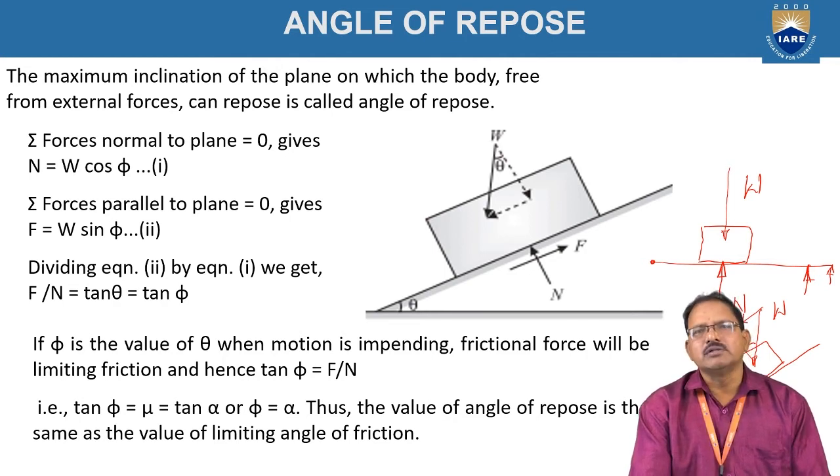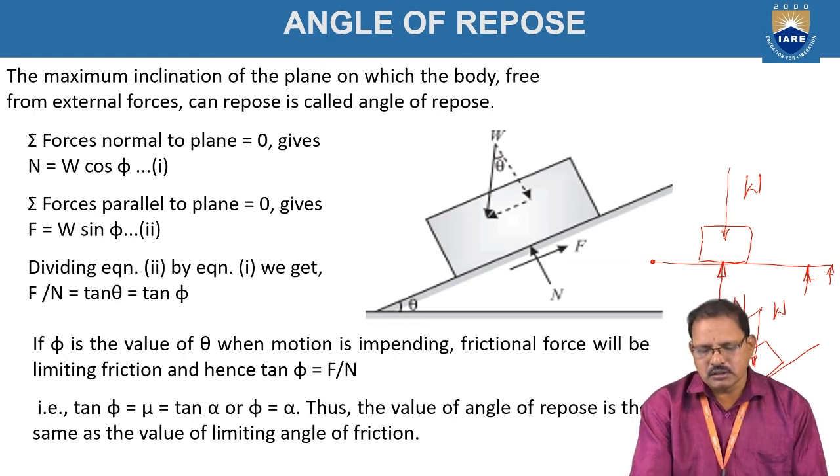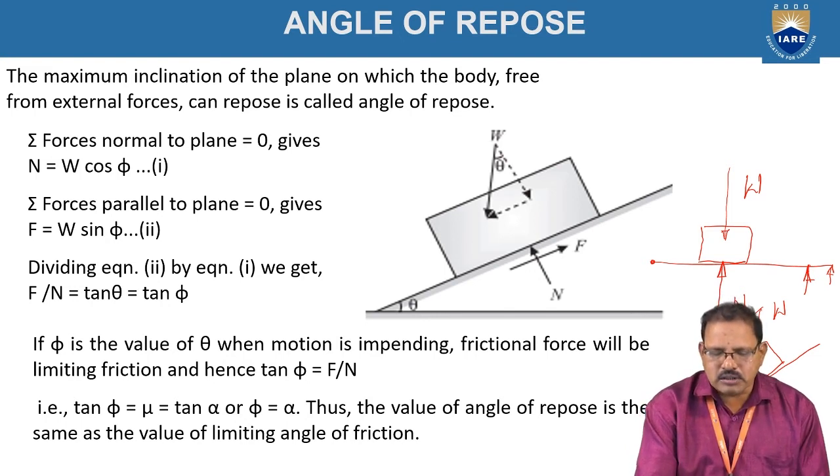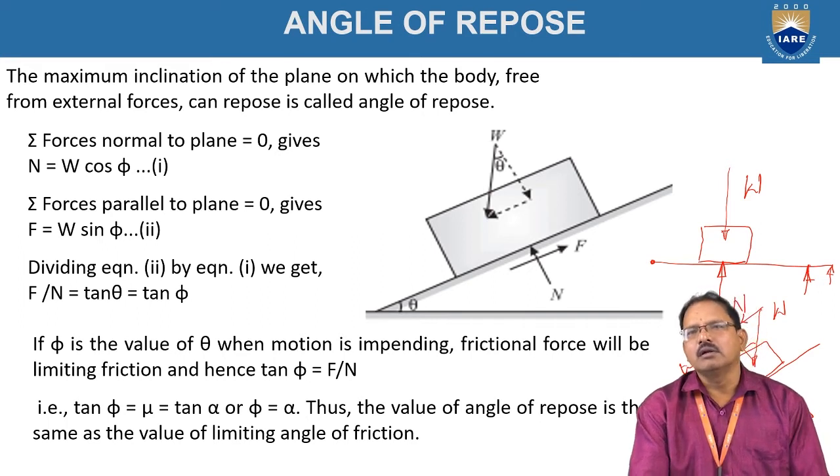Now I am taking the equations. Under these conditions, when the body tends to slide downward, in the direction perpendicular to the plane, the normal reaction and W cos theta are equal.